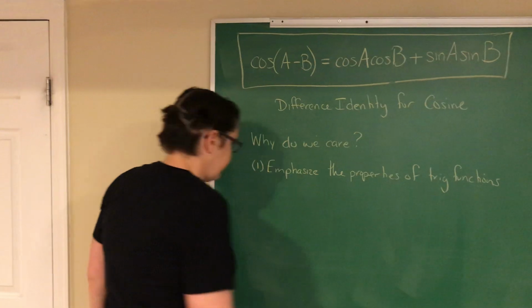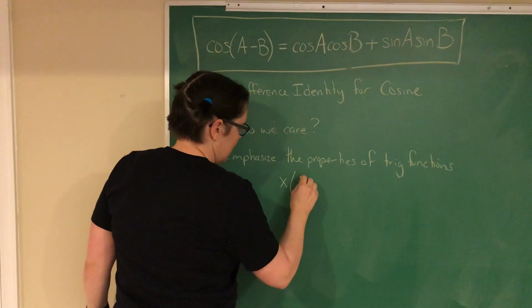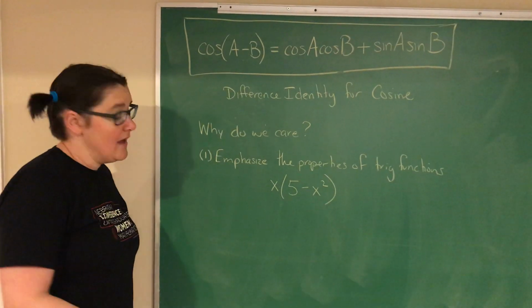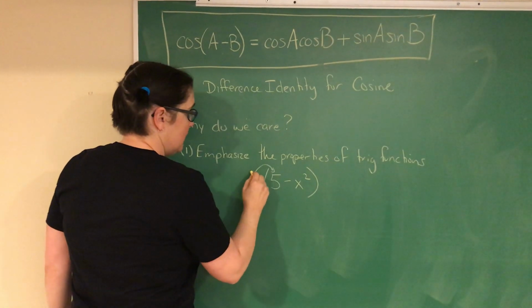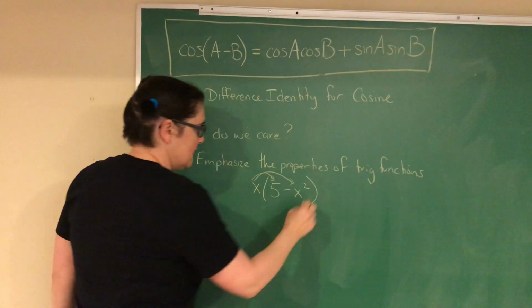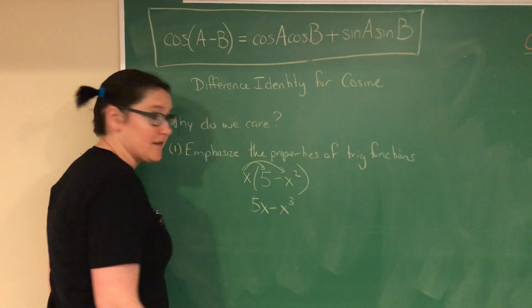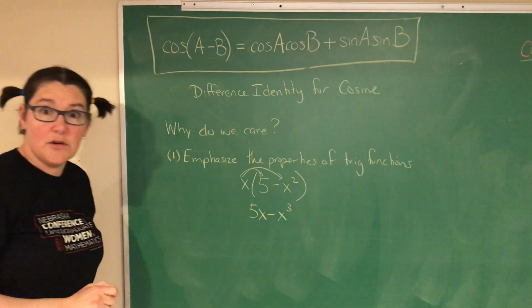Now, this might seem a little strange to you, because with algebraic properties, say you have x times 5 minus x squared, it's totally okay to distribute through the parentheses and write this as 5x minus x to the third. So distributing is totally fine.